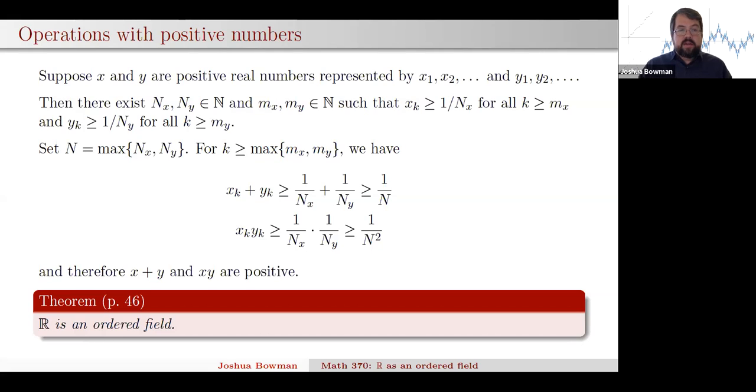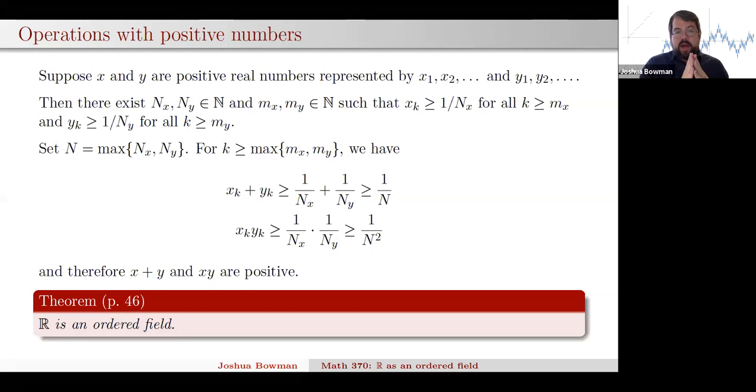So let's take capital N just by itself to mean the larger of the two values n sub x and n sub y. And so taking a larger n means that we're letting things get a little bit closer to 0, because we're looking at, remember, 1 over n.